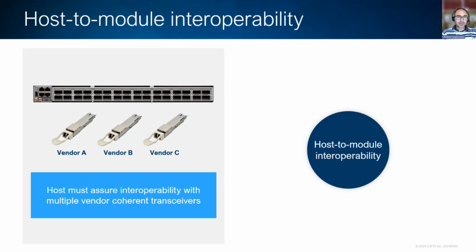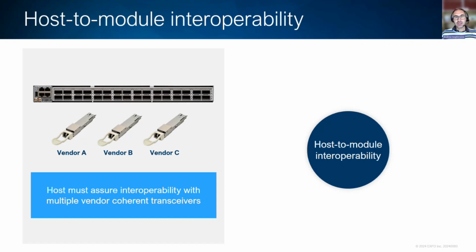Now we discussed the different interoperability levels, but to make IP over DWDM successful, any host must assure interoperability with multi-vendor transceivers.